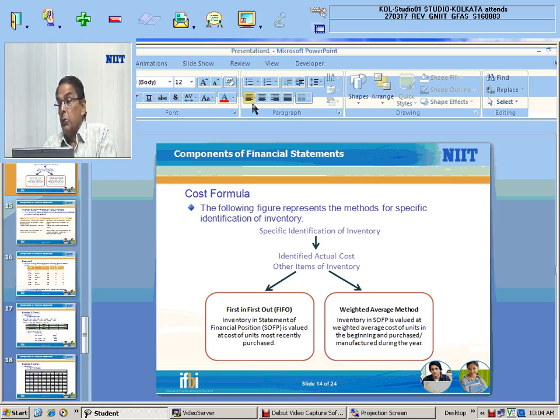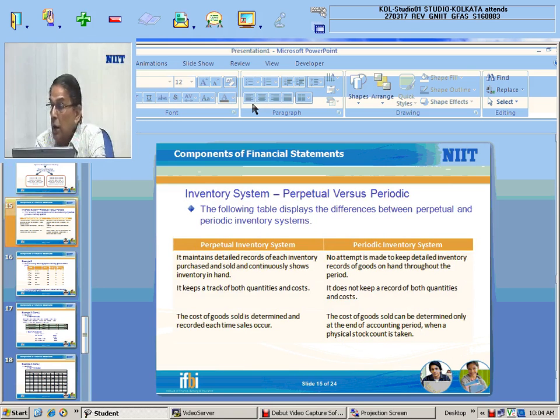Although IFRS doesn't prescribe any particular system, two systems are in vogue, and most entities use either of them. IAS 2 doesn't suggest which inventory system is to be maintained. This is as per the organizational process and systems.